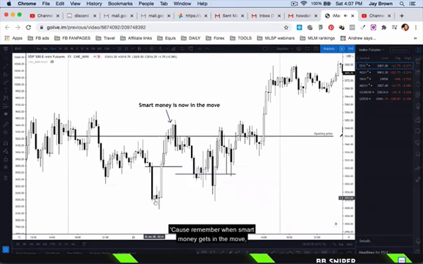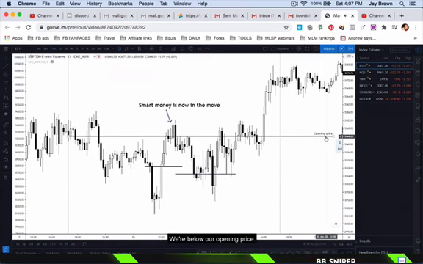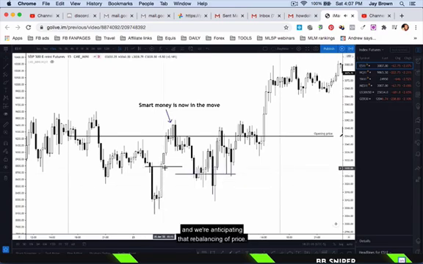Remember, when smart money gets in the move, sometimes they leave imbalances. And when the market comes back down to fill in those imbalances, we're also below the opening price. Ding, ding, ding. We're below our opening price, in an area where smart money's in the move, and we're anticipating that rebalancing of price.